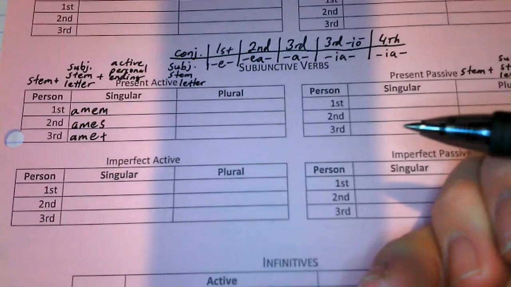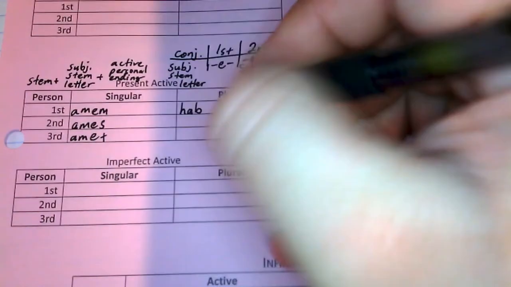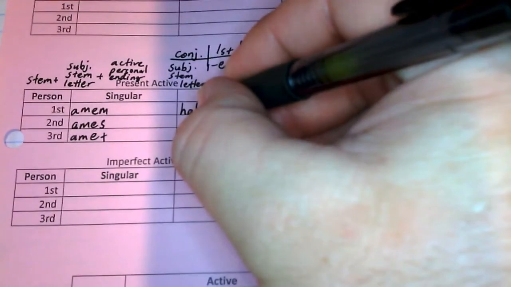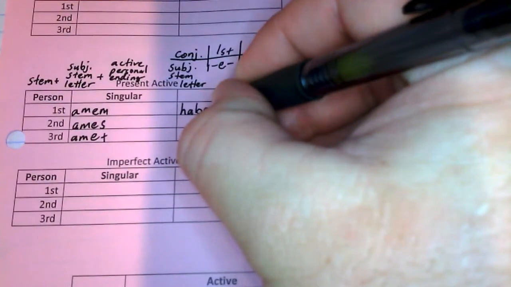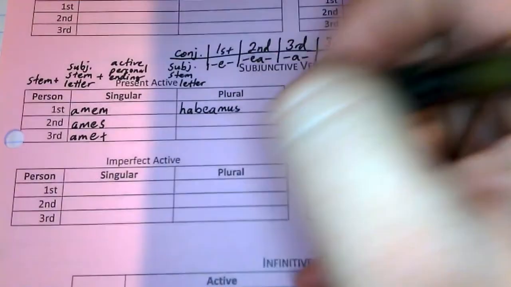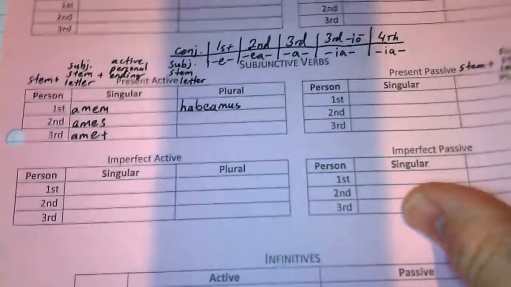So, for example, even though you already have the plural filled in, let's say this were a second conjugation verb, habeo, you would say hab is a stem, plus ea, plus mus. So habeamus, and this would translate as we may have, or we should have. For the passive voice, same thing.